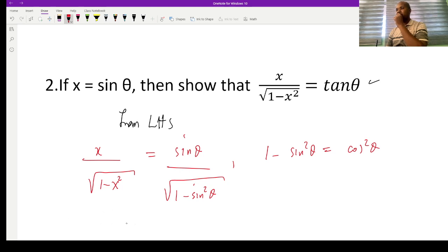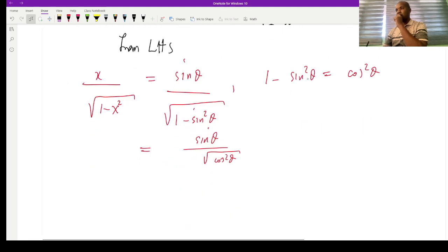So you'll be having sine theta over square root of cos squared theta. Taking the square root, we'll be having sine theta over cosine theta, and this is actually equal to tan theta.